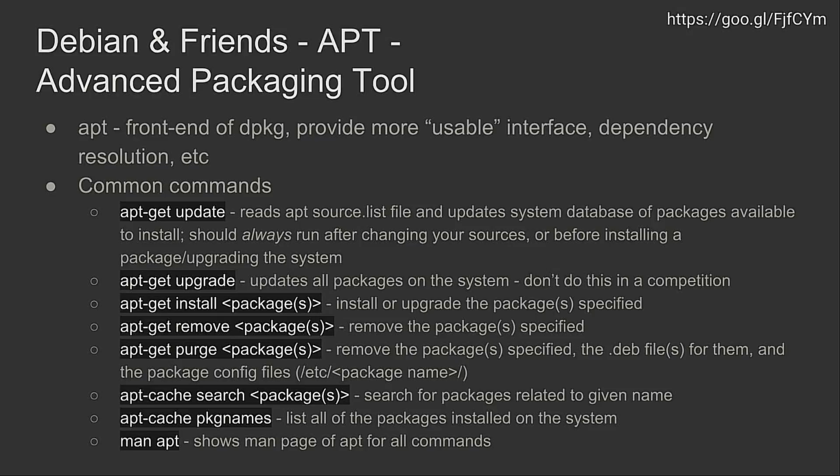You will search for a package related to the given name that you hand it. So maybe you don't know what the SSH server package in Debian is, so you want to search for SSH. You'll find SSH server or SSH related packages with that. apt-cache pkgnames lists all of the packages installed on the system. Really helpful if you want to make sure that you don't have something stupid installed on your system that you don't need.